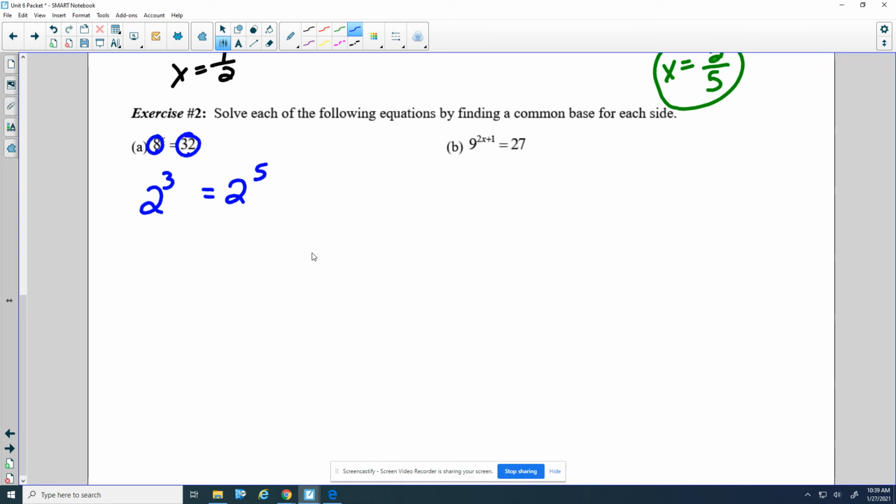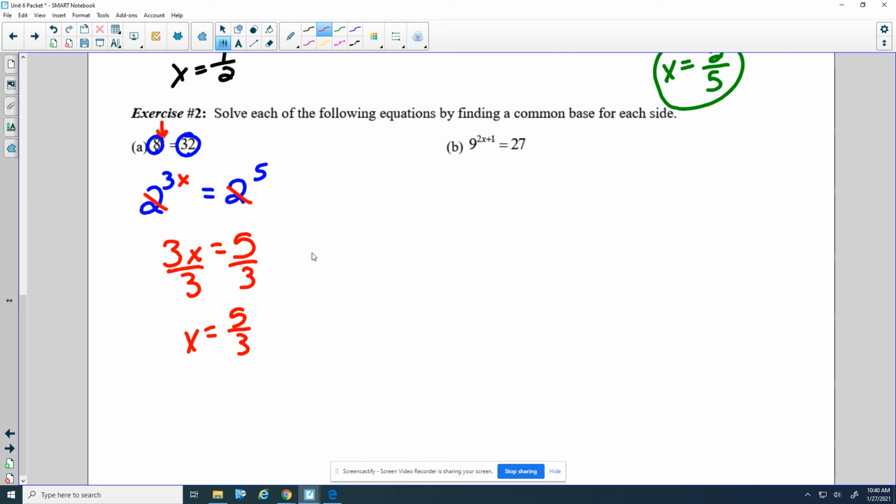And then I'm going to bring down that x. So I'm going to write that in a different color just so we can see that we were keeping that from the original problem. So from here, cross out the common bases. 3x equals 5. So x equals 5/3.